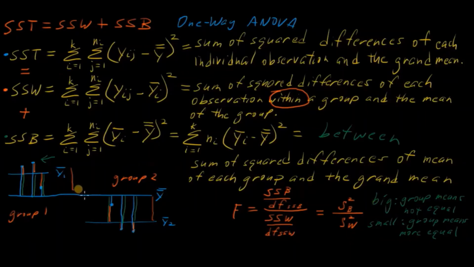But of course, if this group mean was more like this and this one was more like this, it's going to make this number smaller, and it would make the fraction smaller. And so the smaller the number, the more it leads to support of the null hypothesis that the means are equal. But that's all I'm going to say about the ANOVA technique. We'll get on with the proof in a minute.